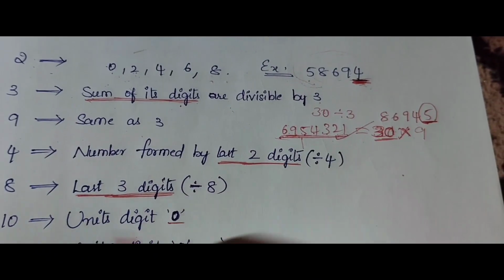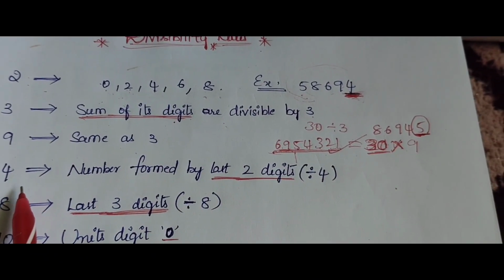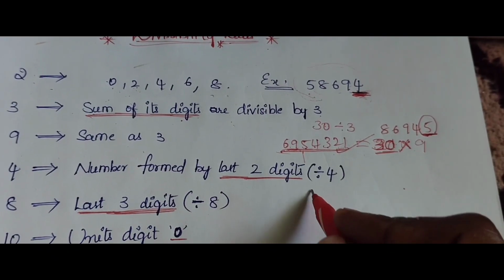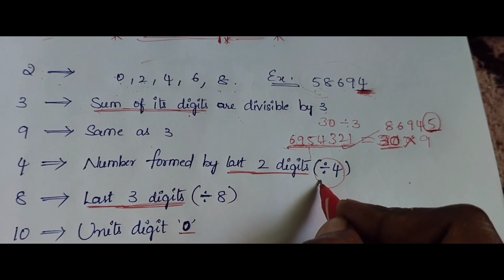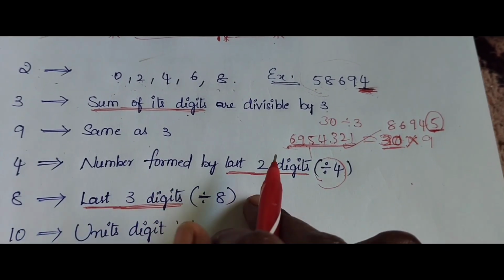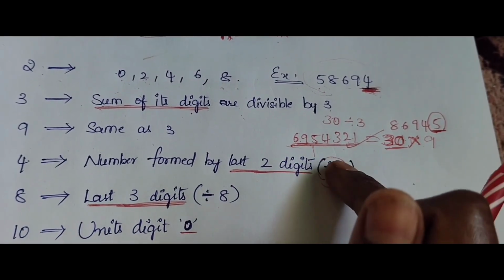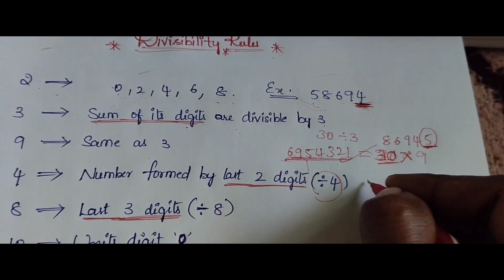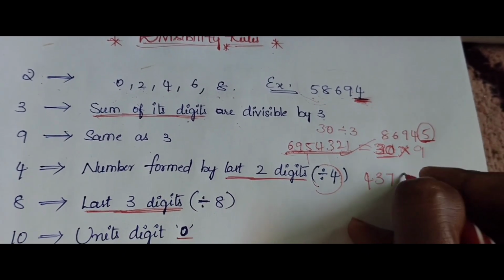Next, coming to the divisibility rule of 4. A number is divisible by 4 if the number formed by its last 2 digits is divisible by 4. For example, 4376.